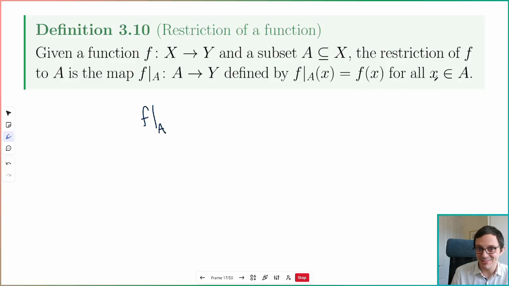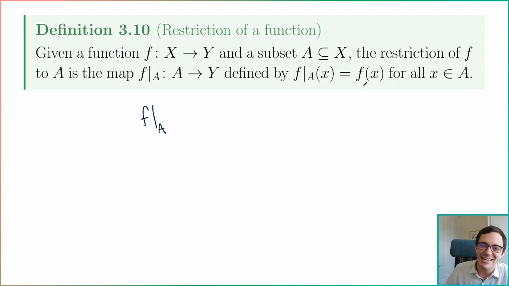I mean, these values are in A, so they're in X, so I know what to do with them. Importantly, that's considered a different function because it has a different domain. I mean, it's doing all the same things. It's returning numbers in the same codomain, but it's considered a different function. That's called the restriction of a function.